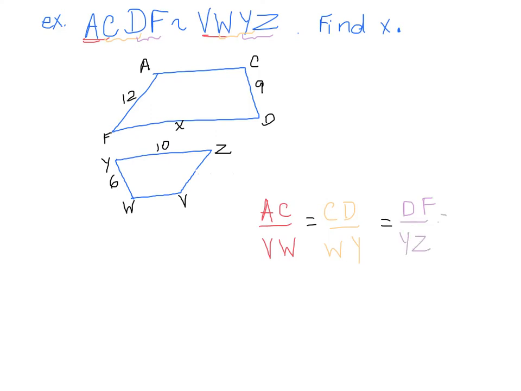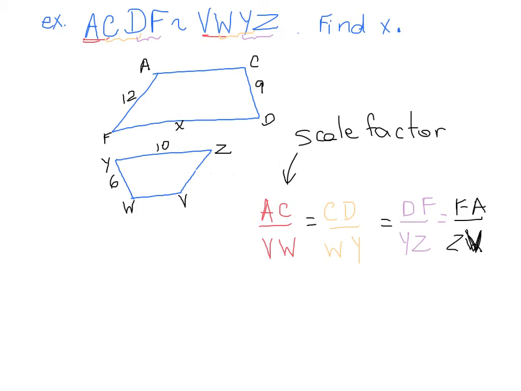And then I could keep going. I could close it off and say that that is equal to FA over ZV. Alright, so these are all pairs of corresponding sides. When we divide each and every one, we should get the same number. That number is called the scale factor. So the scale factor is consistent throughout.